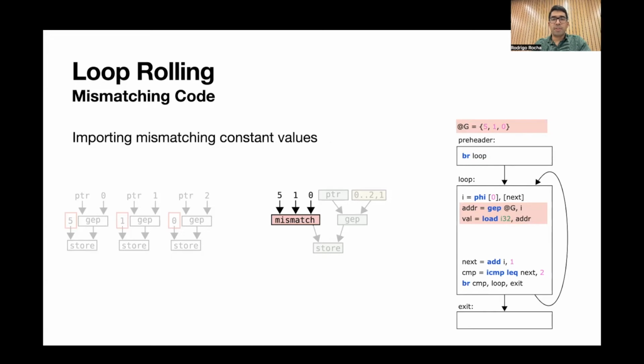If we have only constant values, we can actually create a global array of constants and simply index that global array and load each one of the values directly from the global array without creating an extra stack array and storing each value individually. This produces a smaller code with a smaller overhead, but only works for sequences of constant values.